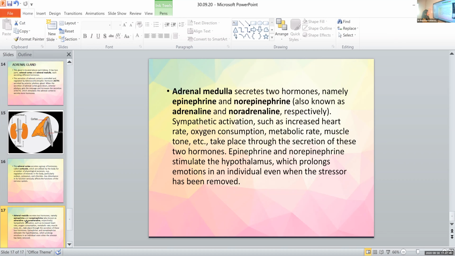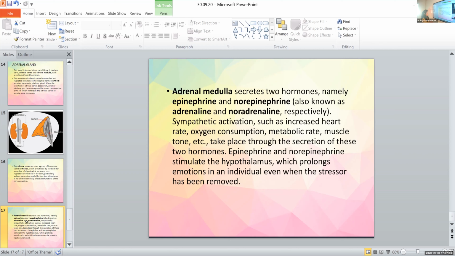So again, I told you when we learned about the sympathetic and parasympathetic system, we learned about the fight or flight response, we learned about the conservation of energy process, and these are the main hormones involved in those processes. Okay. And these hormones are produced by the medulla part of the adrenal gland, which is found just above the two kidneys.